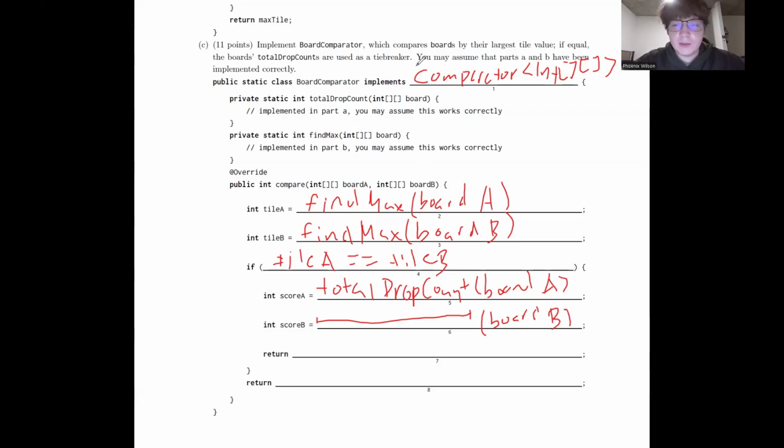And then remember, any compare method concerning board A and board B returns some measure of board A minus some measure of board B. So we're going to return their difference in that exact order.